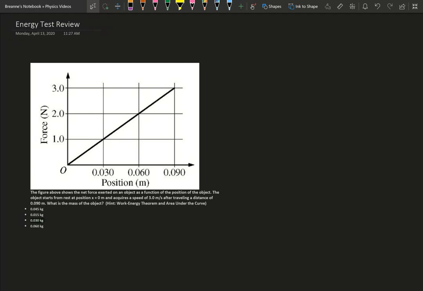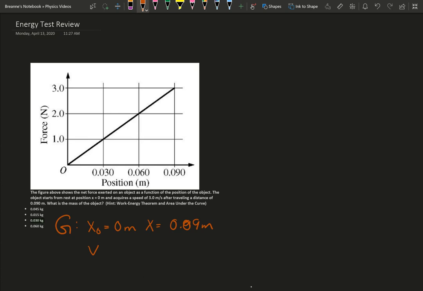So let's see what information it is giving us. We're going to pull out our givens, so to speak. Our initial position is 0. Our final position is 0.09 meters.